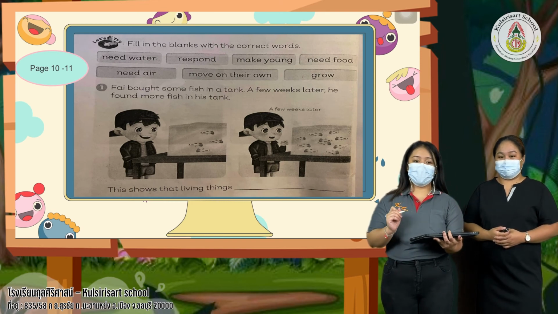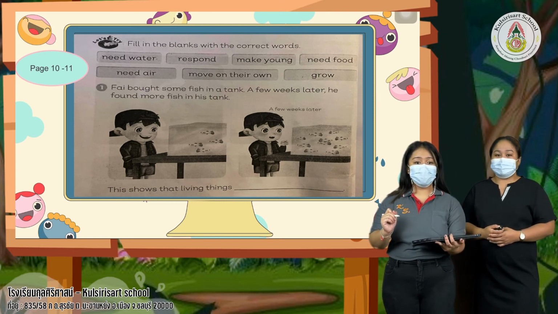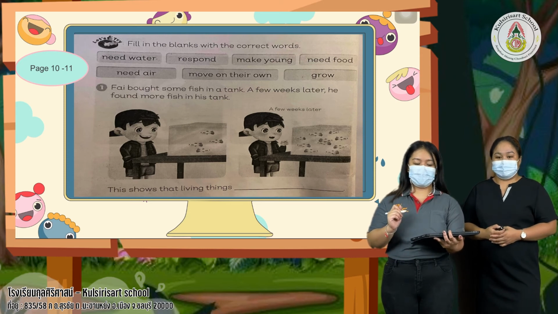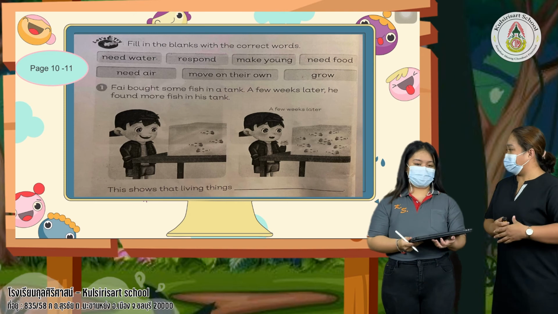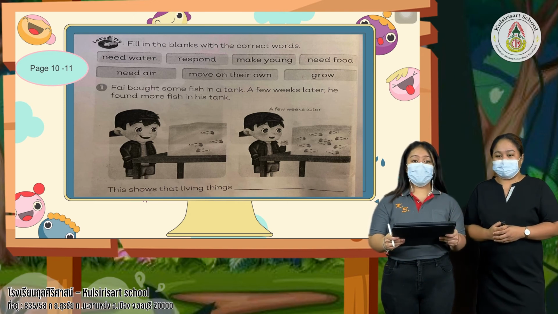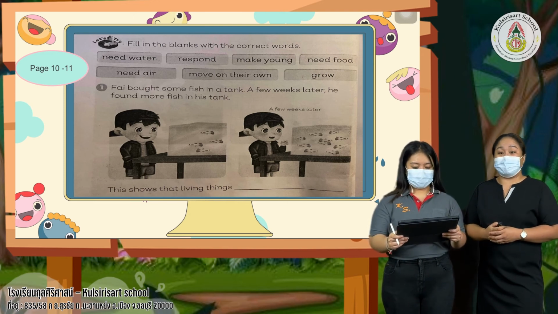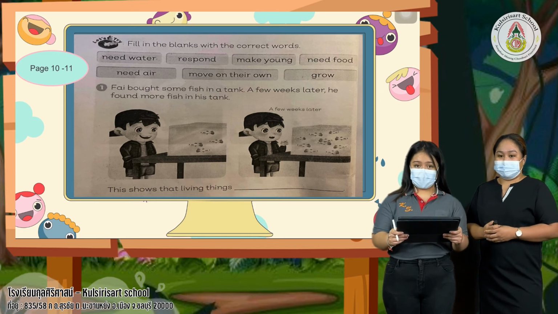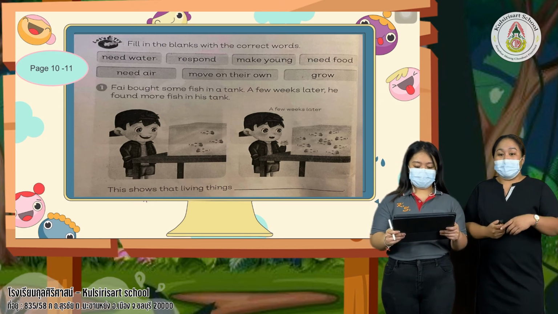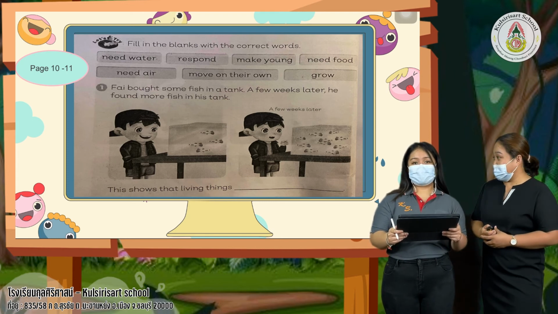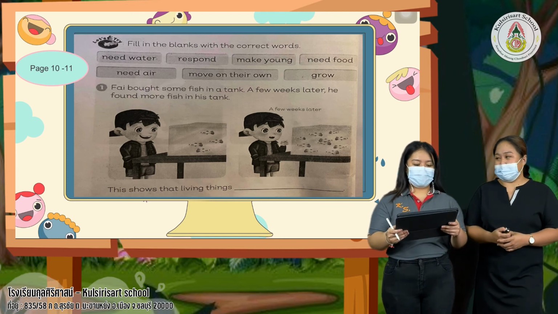The direction here is you have to fill in the blanks with the correct words. Choose your words inside the box. What are the words inside the box, Teacher April? Okay, we have here need water. Next, we have respond. We also have make young, need food, need air, move on their own, and lastly, grow. Okay, let's begin.